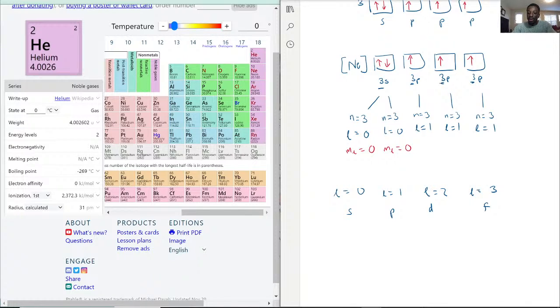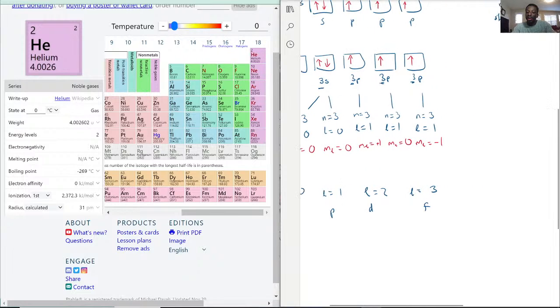Now here, we want to list out all the positive and negatives. We're going to assign them, and it's up to you how you want to assign them. I'm just going to start like this. So ml here for me will be positive 1. Here, ml will be 0, because you want all combinations, so it does include 0 as well. You want to go from the negative to the positive value of L. So here, as you probably guessed, ml will be negative 1. So we have positive 1, 0, and negative 1.